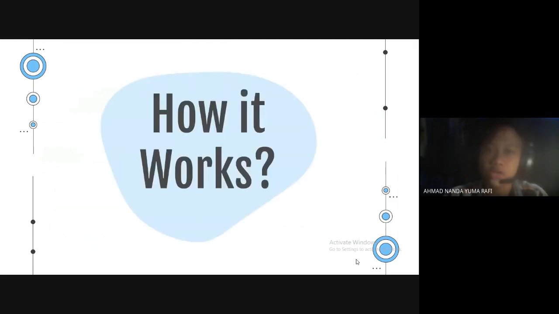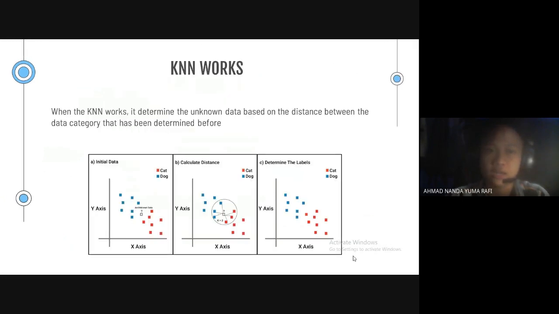Okay, so how does it work? When KNN works, it determines the unknown data based on the distance between the data categories that have been determined before. As you can see in the initial data, the first thing we should do is prepare the data set.